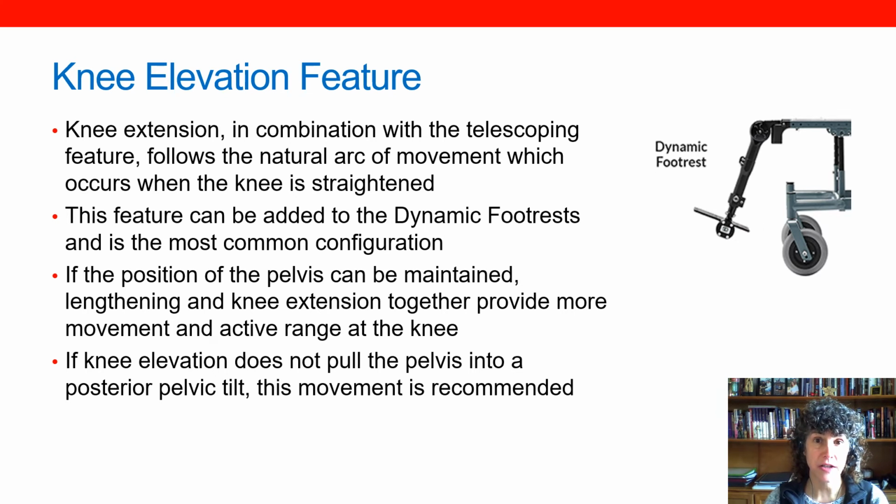This can be set at the initial starting point that works best for a client. So perhaps we start at 90 degrees, or we start at 70, 80, 90, whatever that particular person requires. So if knee elevation does not pull the pelvis into a posterior tilt, then we would recommend this option.